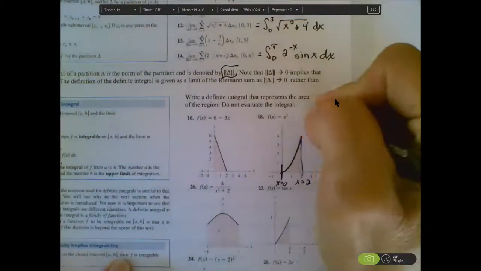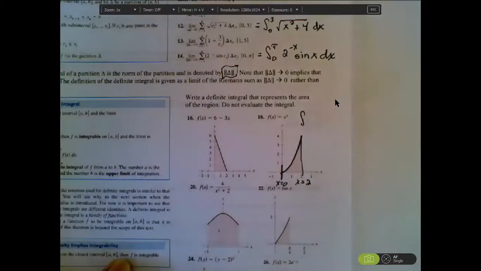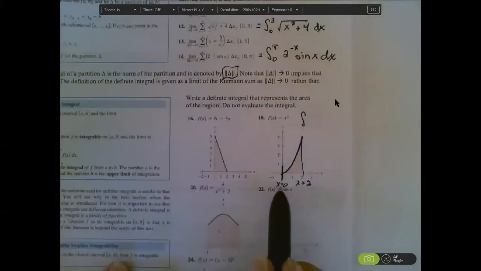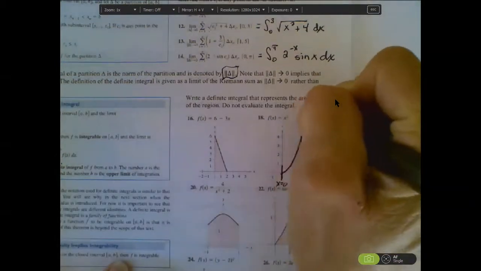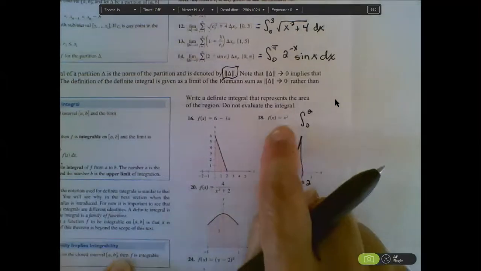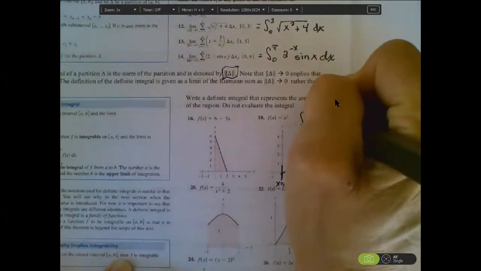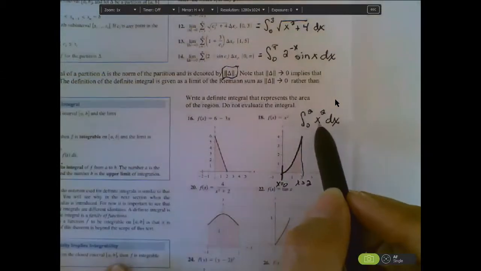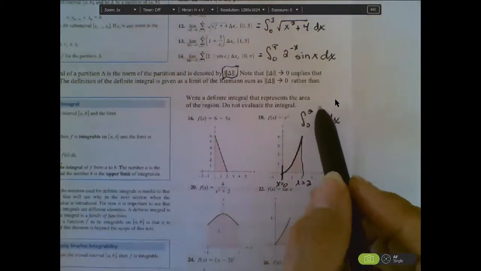What would be my upper and lower bounds of integration? Zero and 2. Yeah, my vertical lines, 0 to 2. I would integrate from 0 to 2 the function x squared dx. The x squared gives me the height.